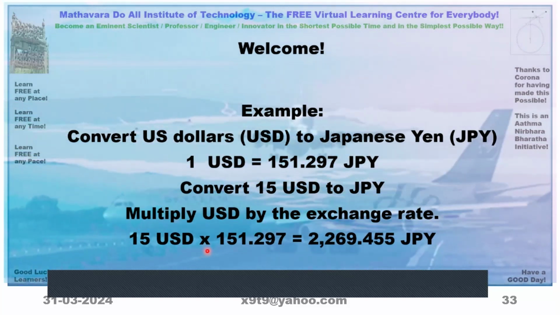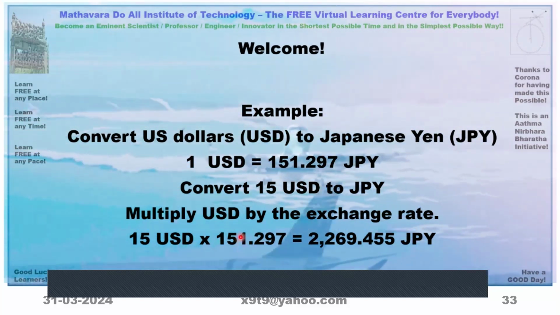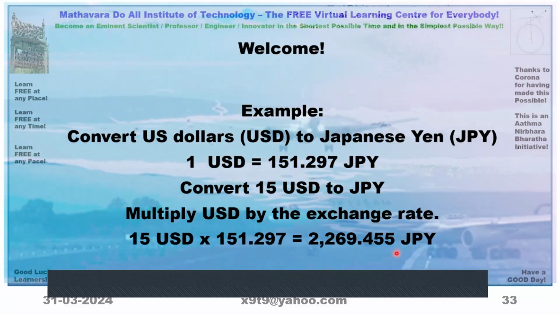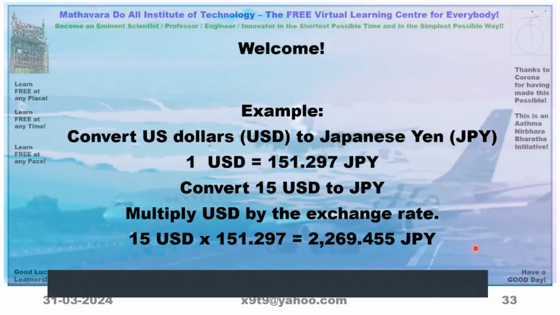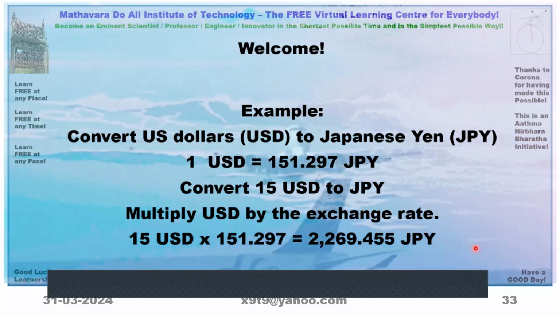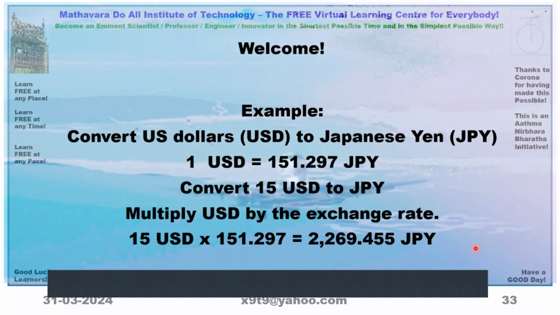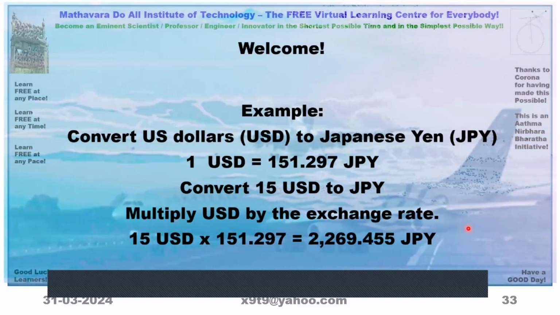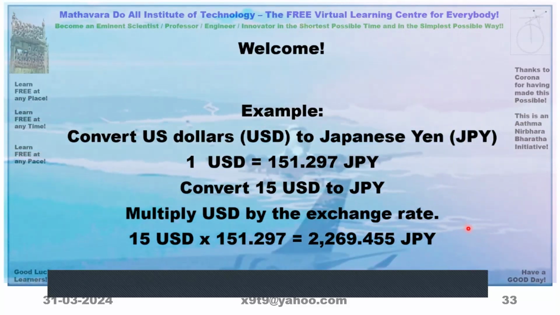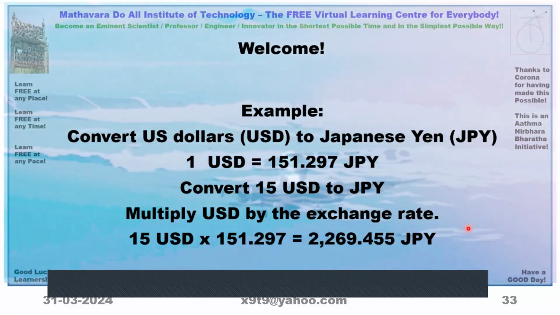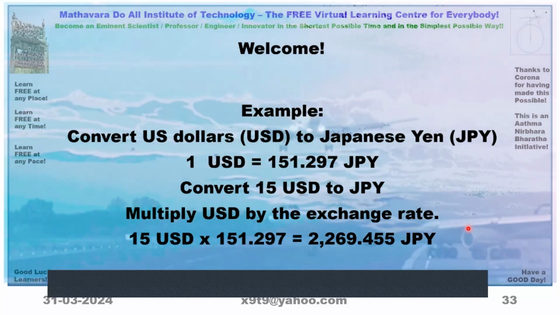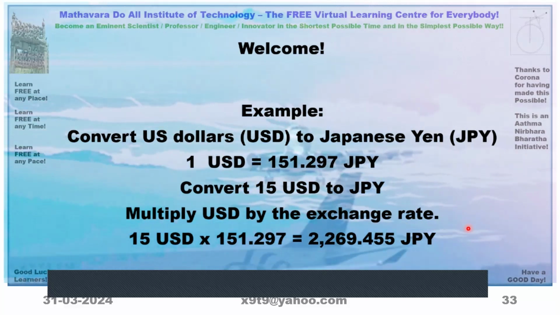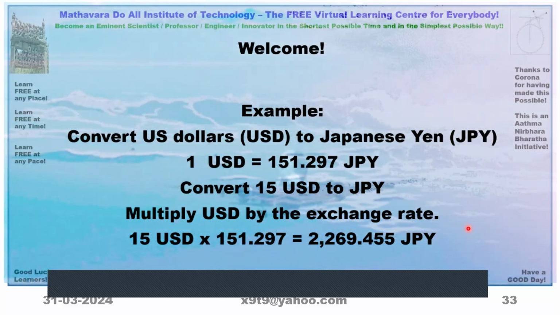So 15 US dollars multiplied by this exchange rate gives this much Japanese yen. Can you multiply 15 by this 151.297? Check whether it is right or wrong. It's correct. Okay.